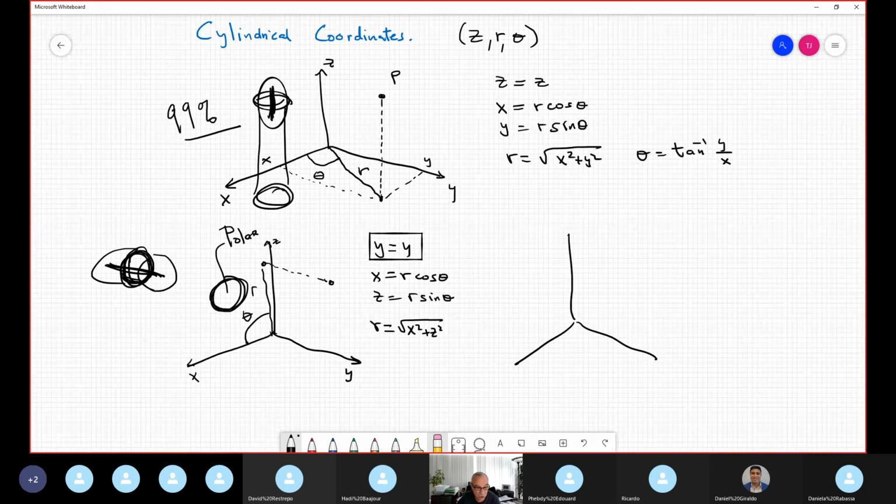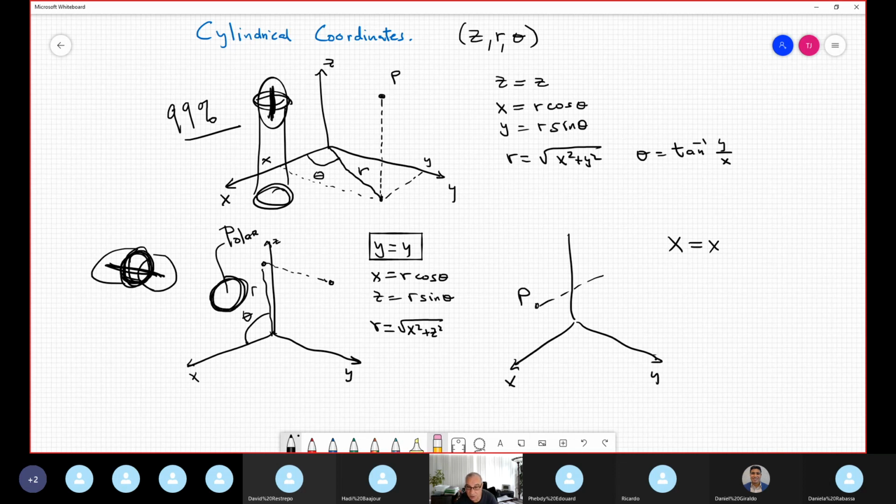However, we have different options. Suppose that x stays the same, in this direction. Suppose the point here, you're projecting. This is x, this is y. This is my point P, x is x. And in this case, at the point here, you apply polar. This is theta.